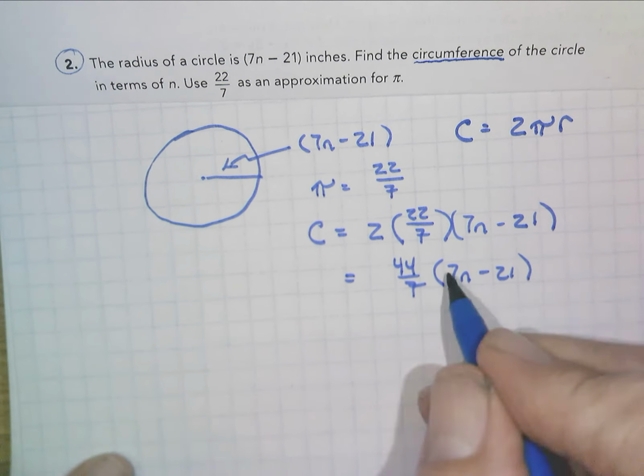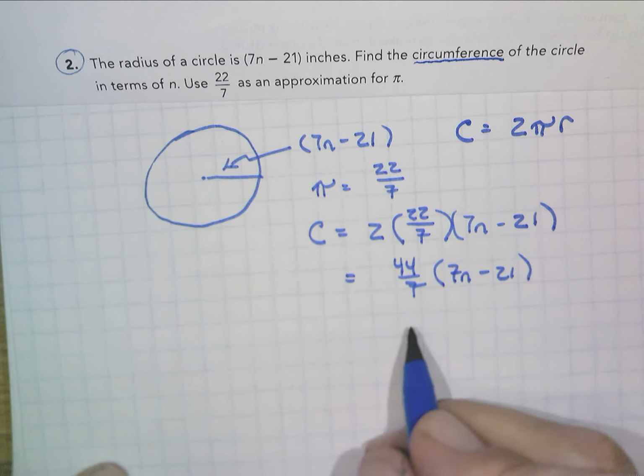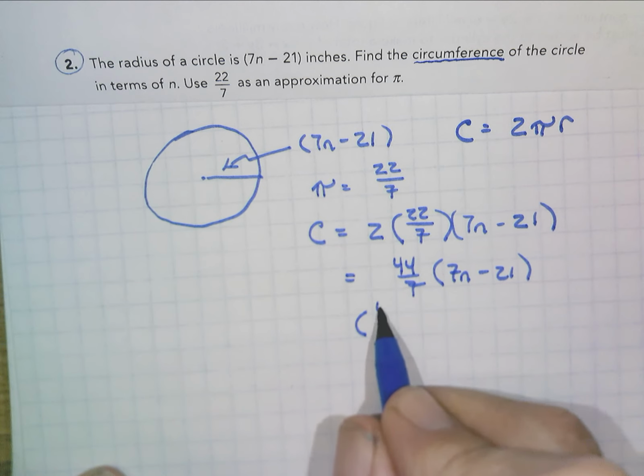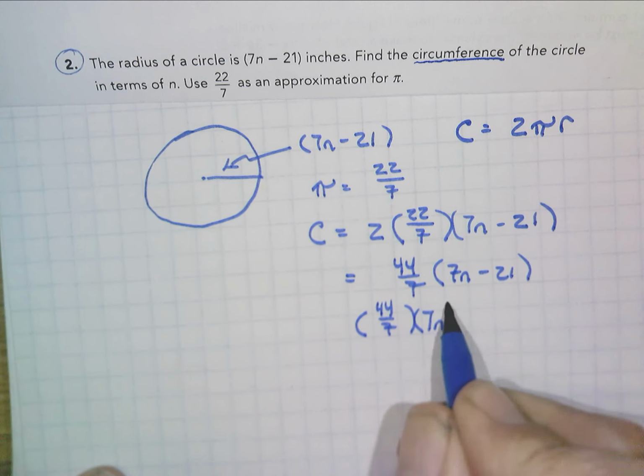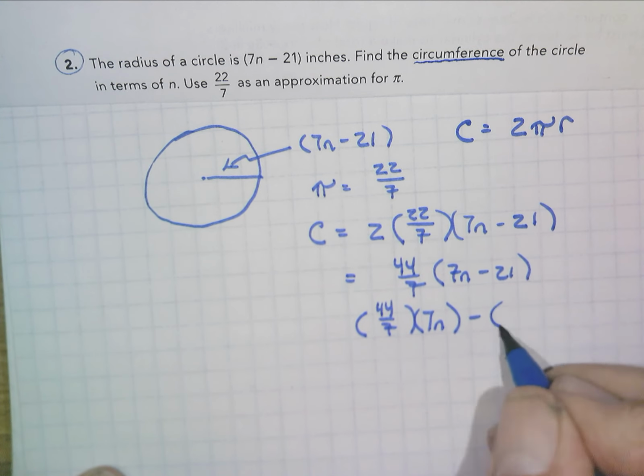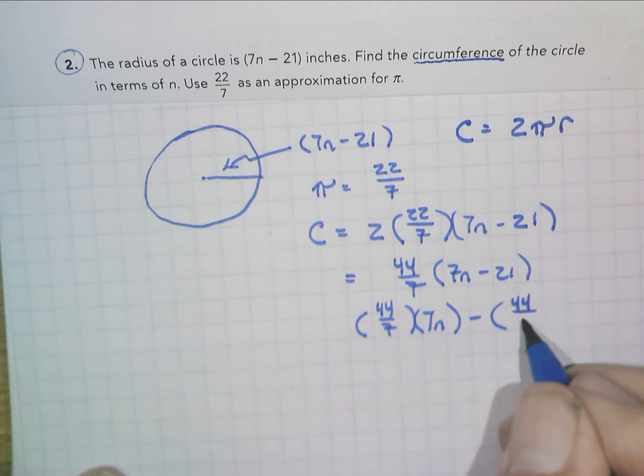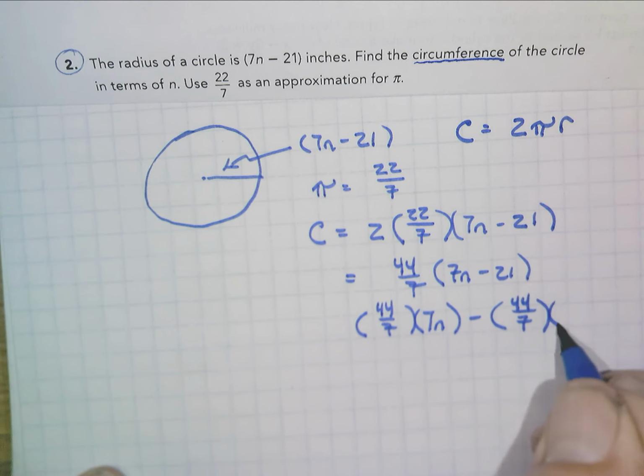Now, we will distribute, and by distributing, we end up with 44 over 7, and I'm doing this for a reason, times 7n, minus 44 over 7 times 21.